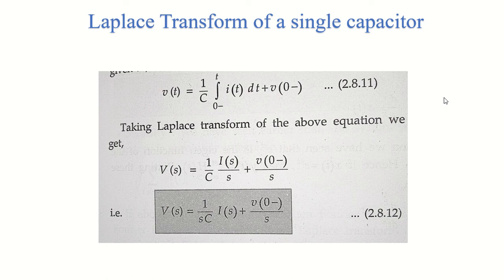Same as we did for the Laplace transform of single inductor, we will take the Laplace transform again here, and I will convert this equation which is in the time domain into the frequency domain equation. So we will have V of s is equal to 1 by C. 1 by C will remain as it is because 1 by C was nothing but a constant. This i dt will become I of s divided by s, and this V0 will become V0 divided by s.